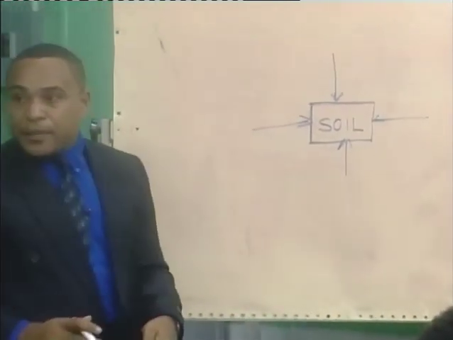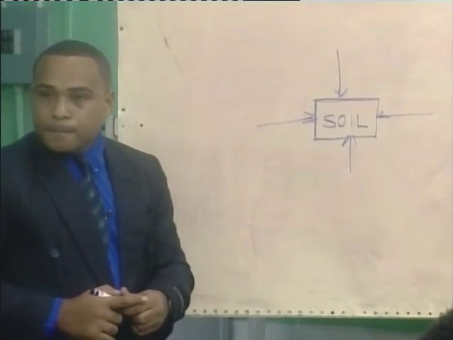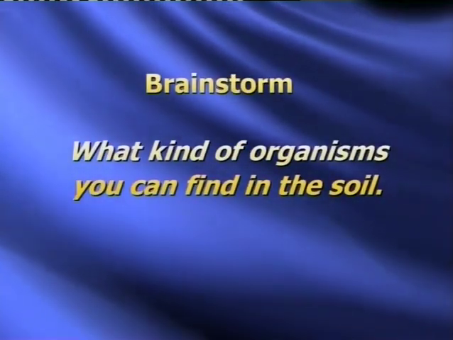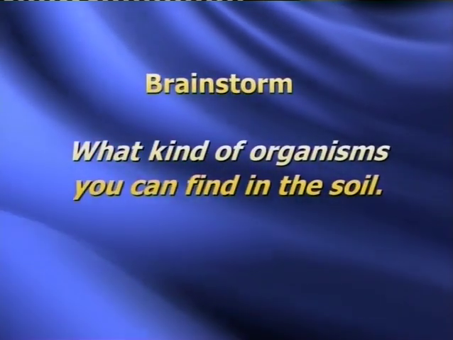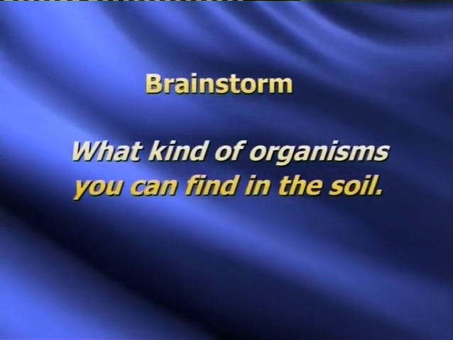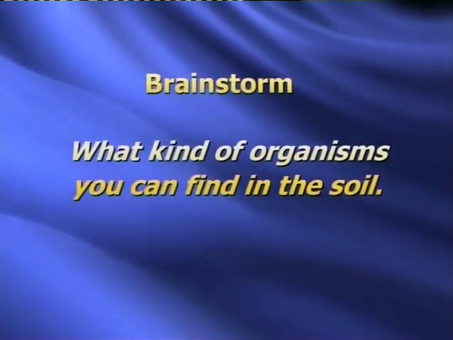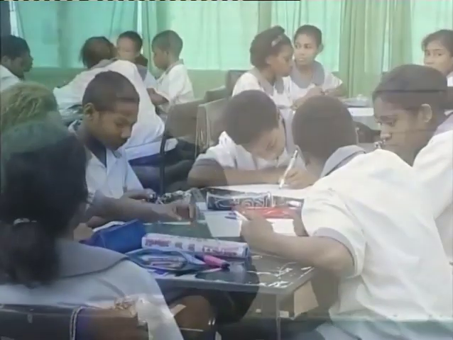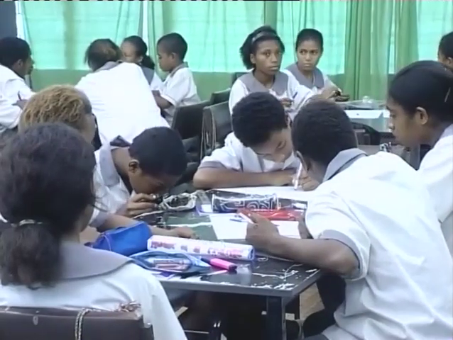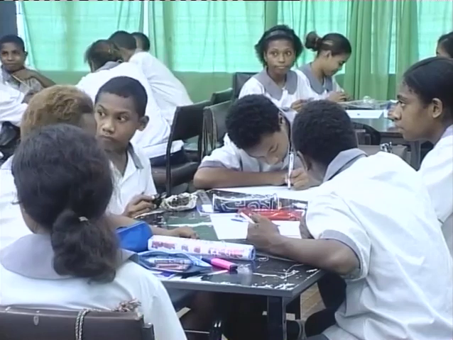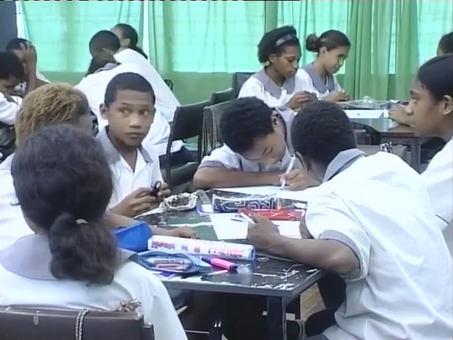We are doing a mind map. And what kind of things do these organisms feed on? What kind of things do you think these organisms feed on? Yes, we are very slow.